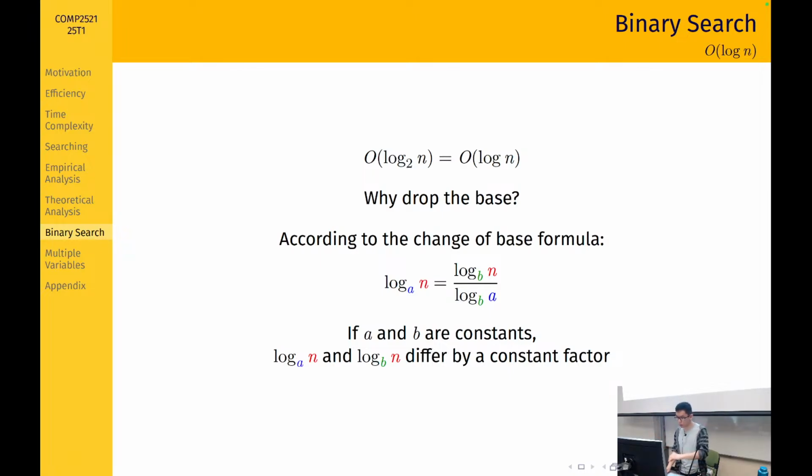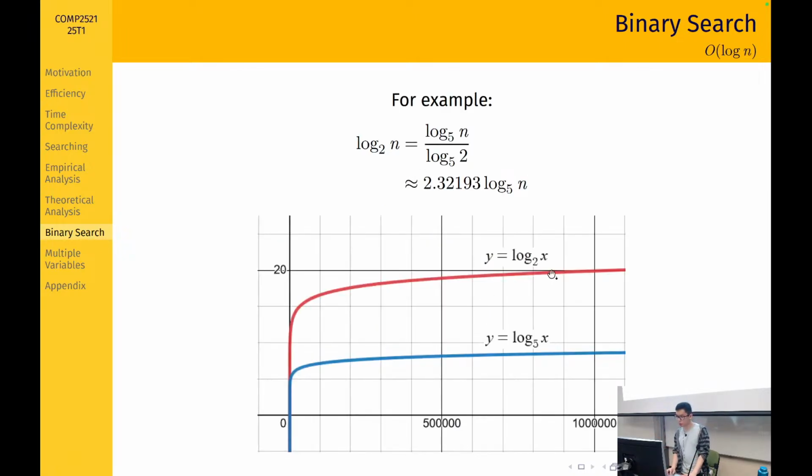I'm going to jump to the next slide to show you. If we have a graph of log base 2 of x and a graph of log base 5 of x, these two graphs are always a constant multiple of each other.